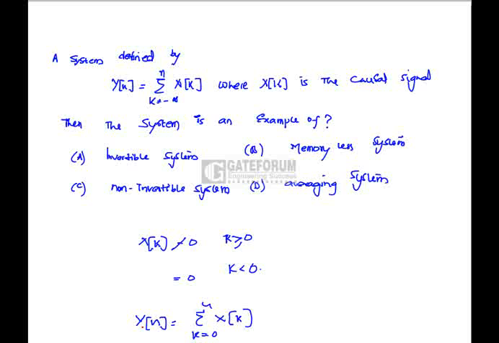Depending upon n, it is taking the sum of all the samples up to n, meaning it is not an averaging system, it is a summer. So options B and D are not correct.